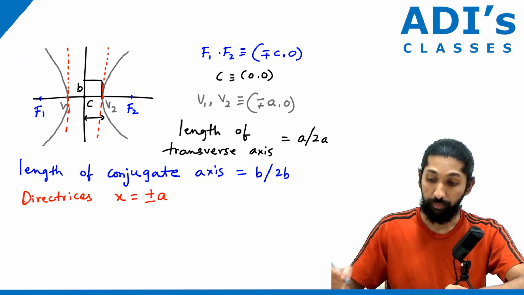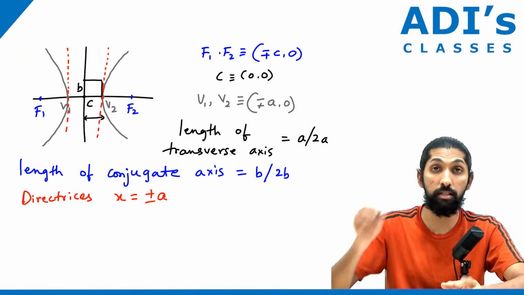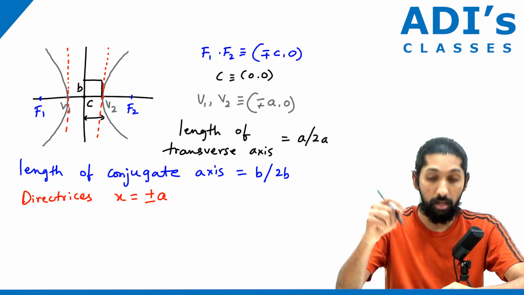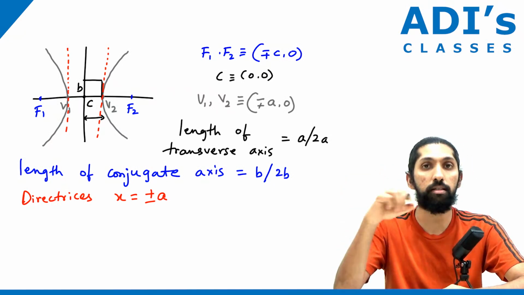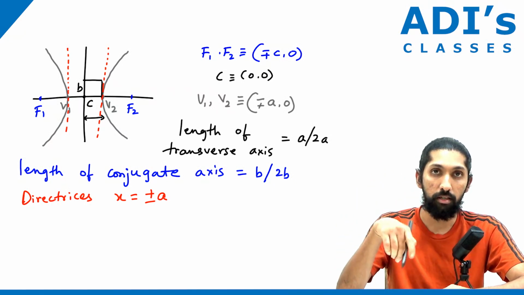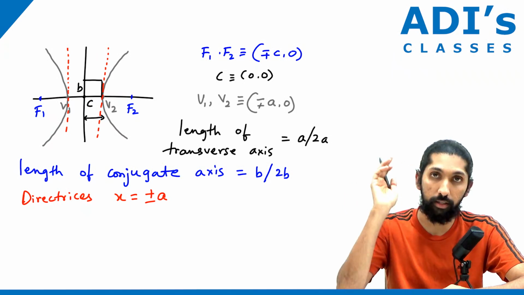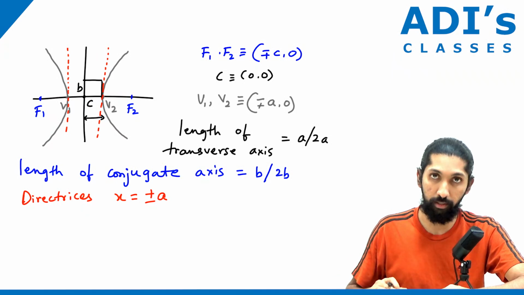Fair enough. Then we have the transverse and the conjugate axis. Obviously, the transverse axis is where the focus is present. Since the foci are present on the x-axis, the x-axis is going to become the transverse axis. Perpendicular to it is going to be the conjugate axis. Clear?